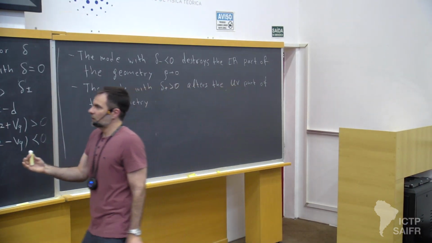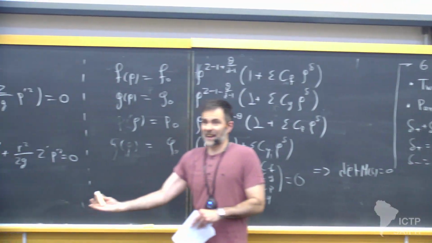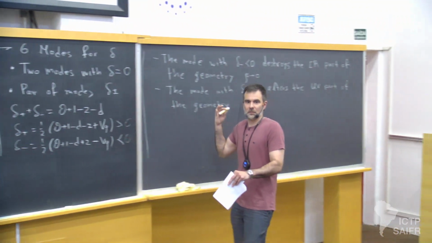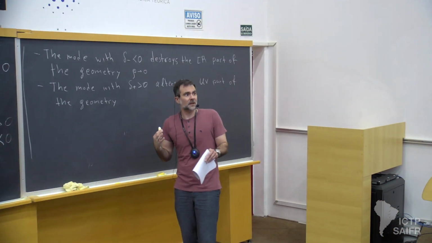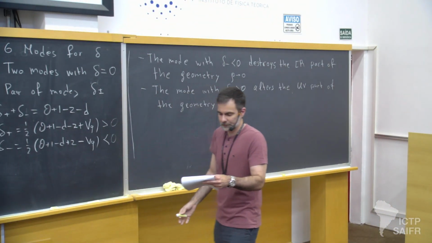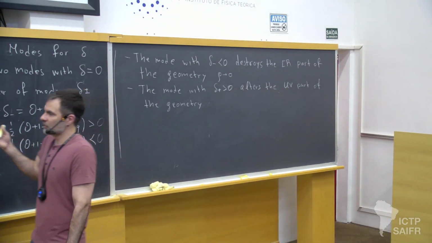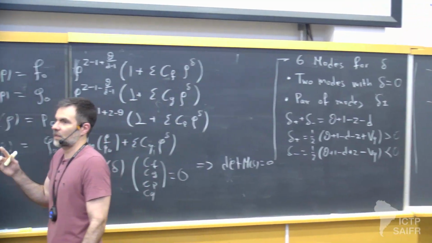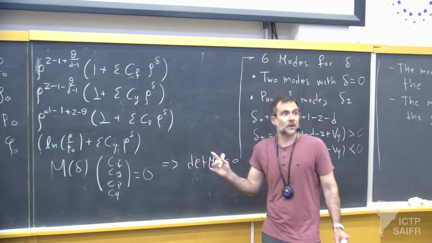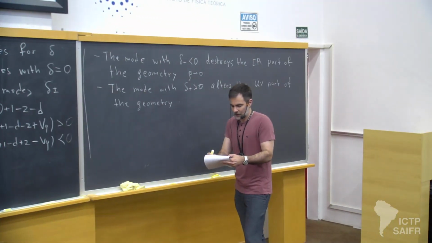So turning on this mode with delta plus positive is actually going to keep your IR, because your IR is at small values of this rho, but it's going to change the UV part. So it might let you connect to some AdS solution in the UV, right? So the pair of these two modes, you can think of them as being the VEV and the source of any relevant mode from the IR fixed point of view. Okay, and you definitely need to set the VEV of the operator equal to 0 in the IR fixed point.